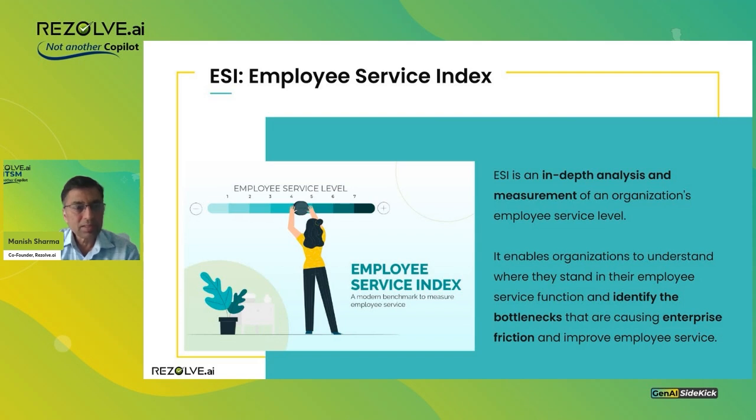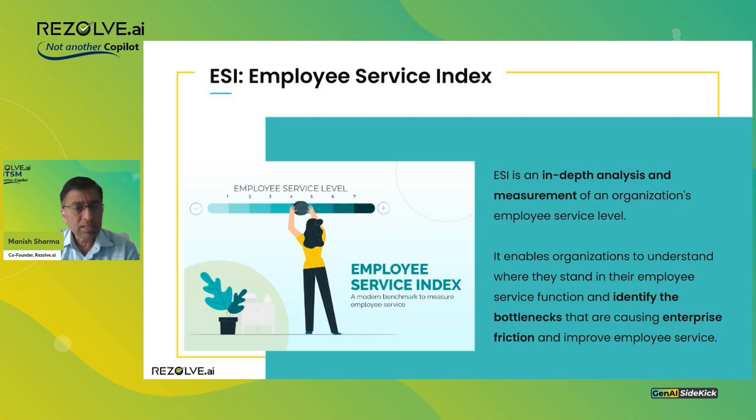Employee service index is a number between 0 and 10 that your enterprise should keep track of, in terms of where are we, are we a 4, are we a 5, are we a 6.5, and where are we trying to go? Are we trying to go towards 8, and what will it take us to get there?